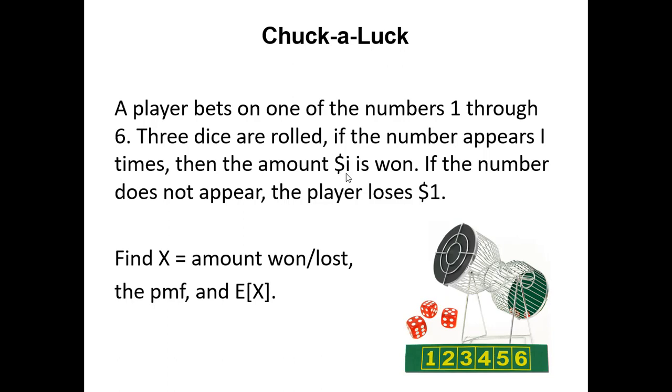If it appears twice, $2 is won. If it appears three times, $3 is won. If the number does not appear at all, then the player loses $1. And here we're interested in our random variable x, the amount won or lost, and the expectation of x.